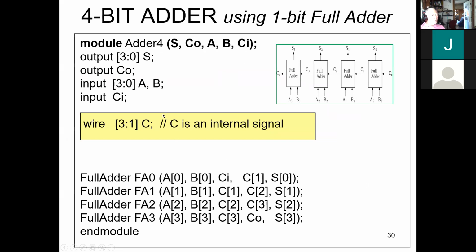And here we create 3 internal wires that we're going to use for the internal carries, C1, C2, and C3. C0 will be the same as this carry in, CI, and C4 would be the same as this carry out. So it already exists as a variable in the port list that's going to appear to the outside world. But these internal signals don't, and so that's why we have to create this wire.